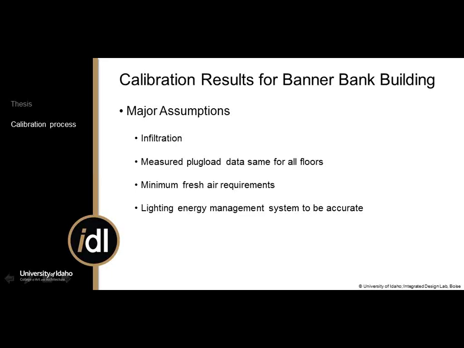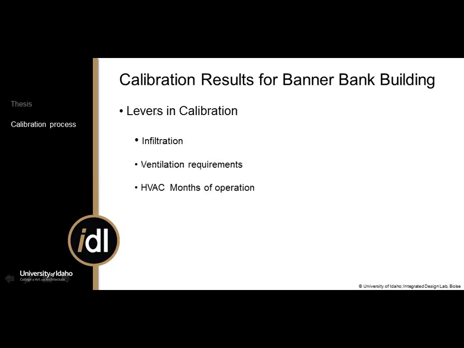Minimum fresh air requirements was a big thing, but now after talking to the building manager, I can cross that off as a major assumption. And then I assumed the lighting energy management system to be accurate as it's diagrammed in the system. So those are little things to go revisit if I can't make it work.